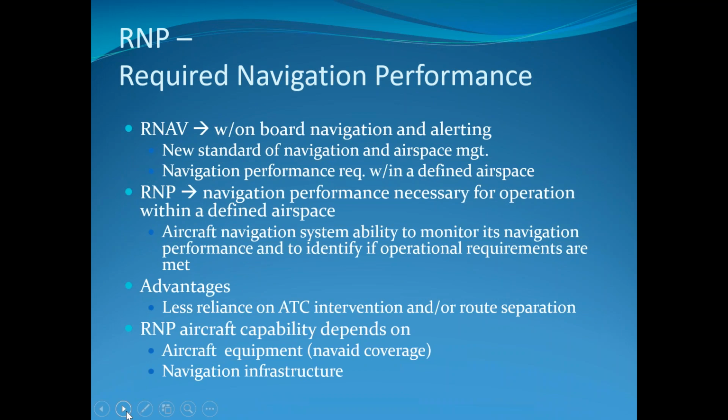It uses RNAV, onboard navigation, alerting. It uses a new standard of navigation and airspace management: navigation performance required within a defined airspace, RNP, navigation performance necessary for operation within a defined airspace, aircraft navigation system ability to monitor its navigation performance and to identify if operational requirements are met.